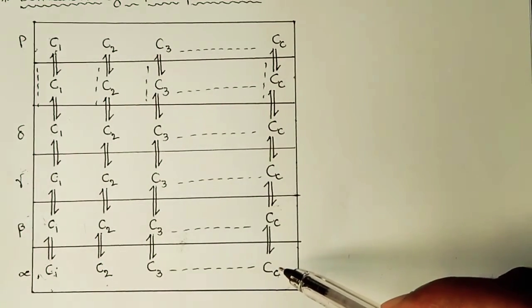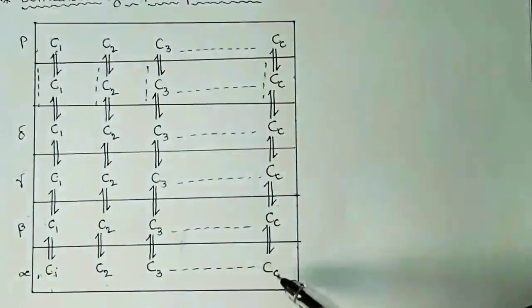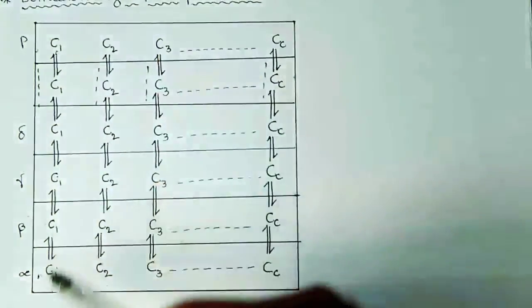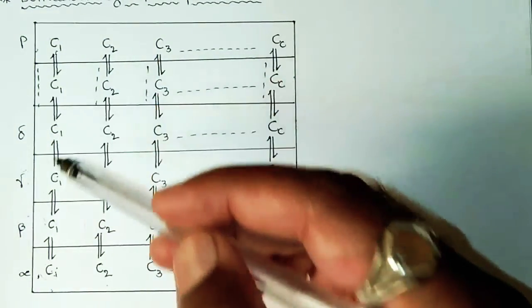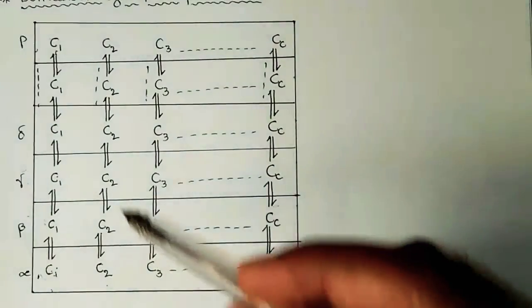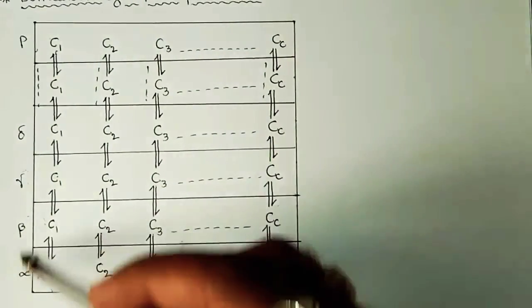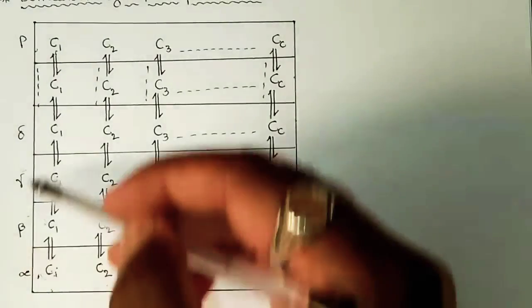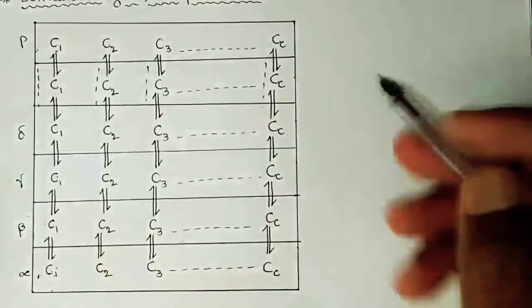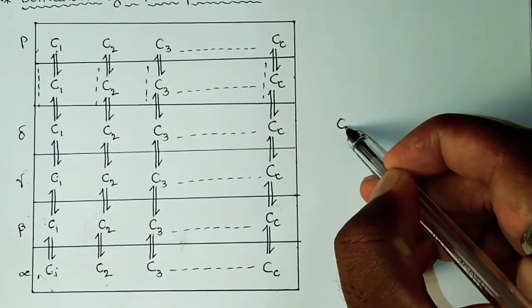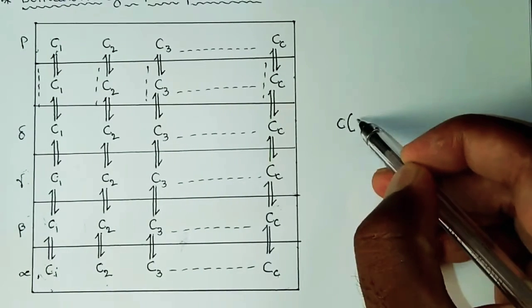I repeat, among the P number of phases, C number of components are distributing. So the number of equilibrium relations that can be developed for individual components between the phases follows from this.